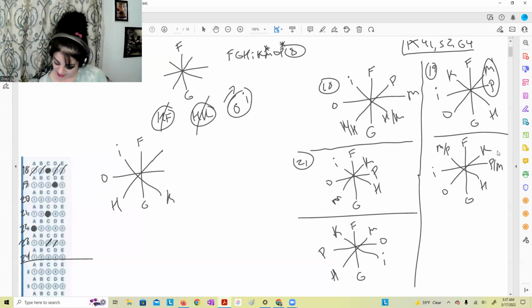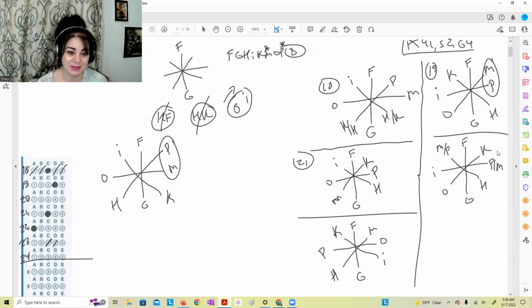And this means that P and M would be over here, and they could go in either spot. There are no rules attached to those two. So did that bring me any closer? Now we know that H and I could sit next to O. Did I already eliminate C? Okay, so that didn't really do anything for me. So let's move it around some more.